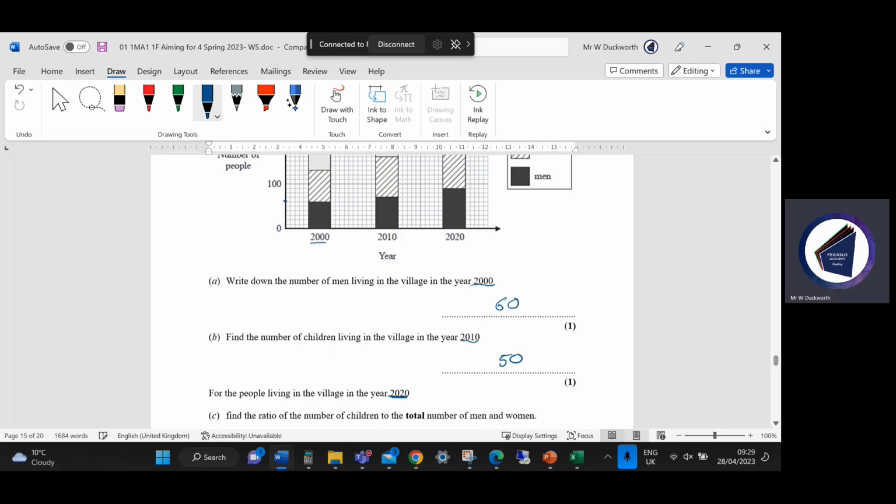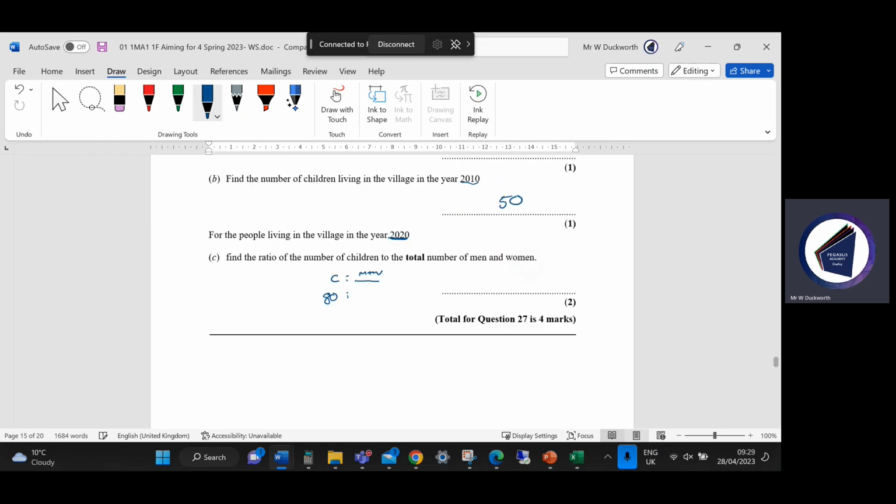And then the total number of men and women is 200. Does it say in the simplest form, find the ratio of the number of children to men and women? So I think I would get away with that. But if I simplified that fraction down, I would be going for 40 goes into them both. It goes twice. And then 40 goes into that one 5 times.